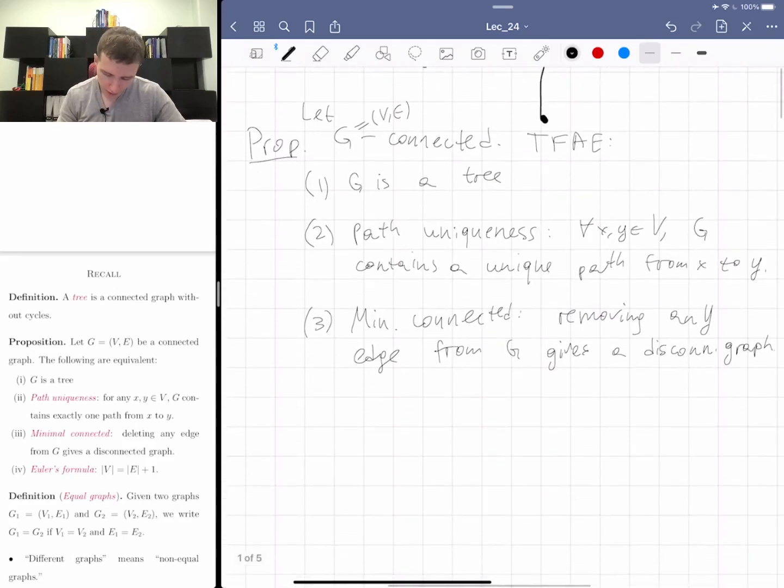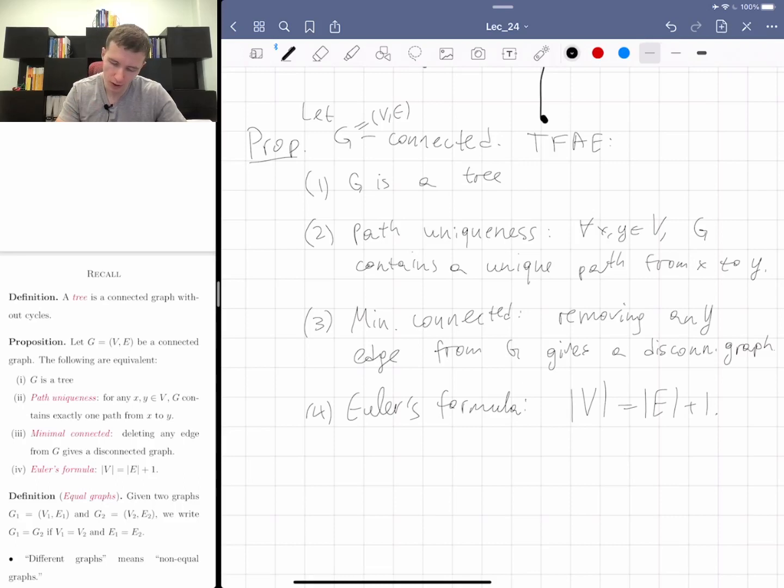And finally, the last condition is Euler's formula, which is just that the number of vertices is the number of edges plus 1. So that formula plus connectedness means you have a tree.